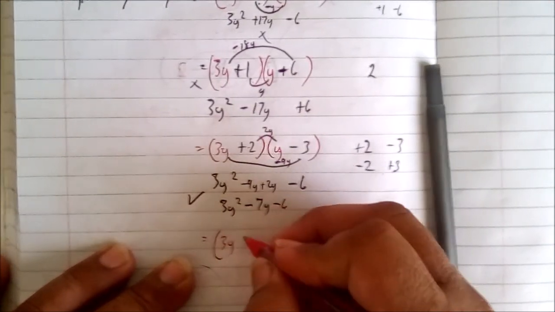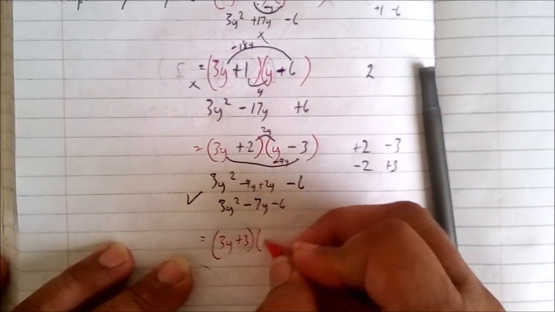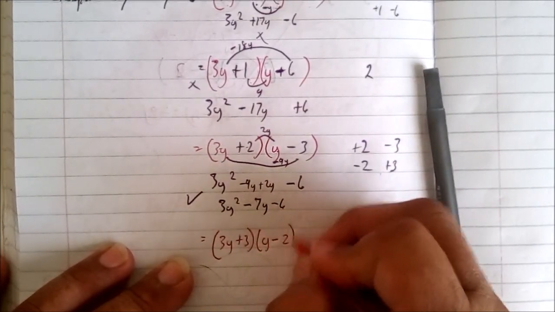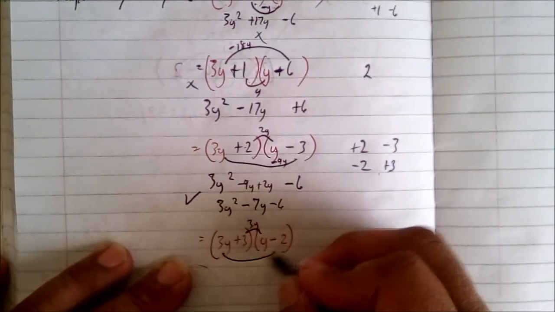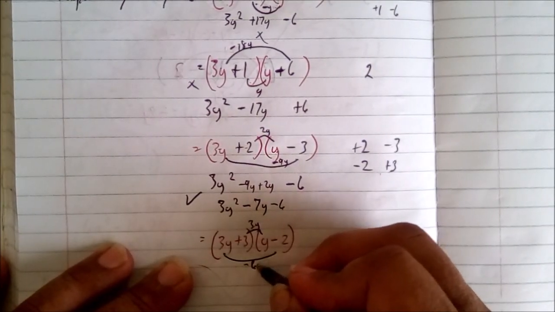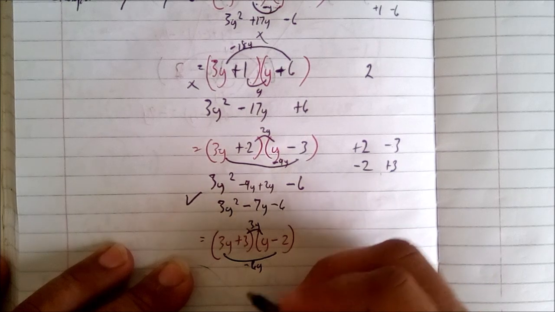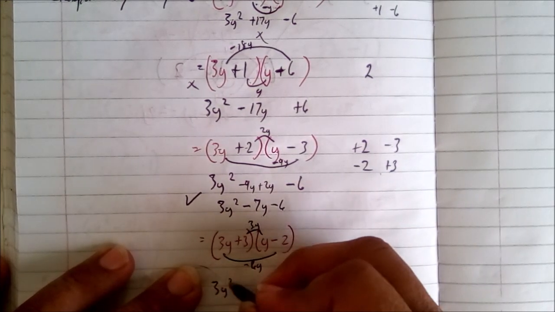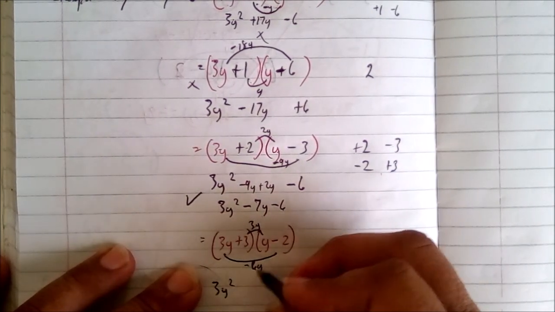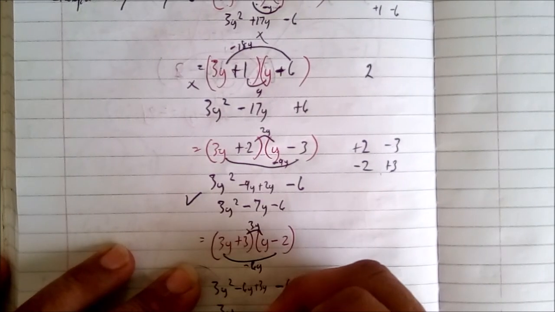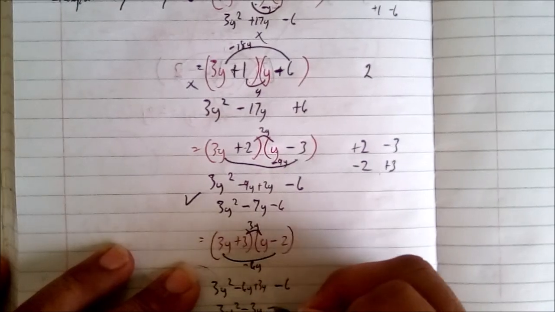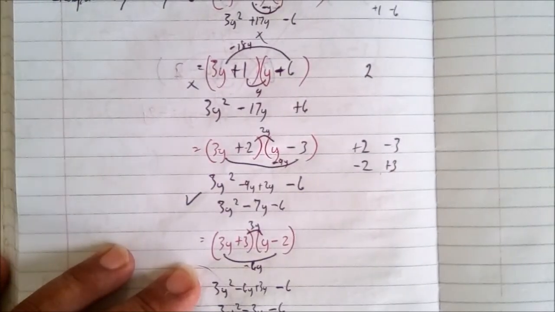So 3y positive 3 and y negative 2 would give us 3y and negative 6y. So we end up with 3y squared for sure, negative 6, and negative 6y plus 3y will give us 3y squared, negative 3y, minus 6. So that would not work.